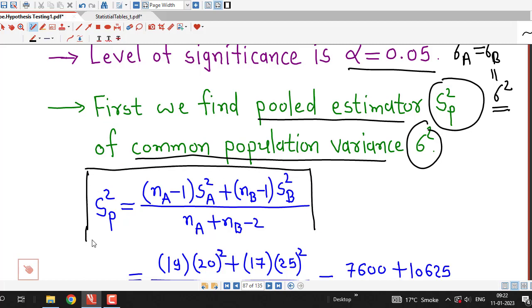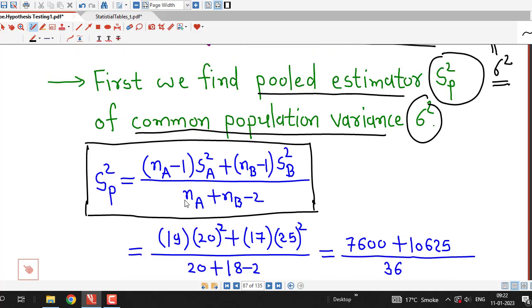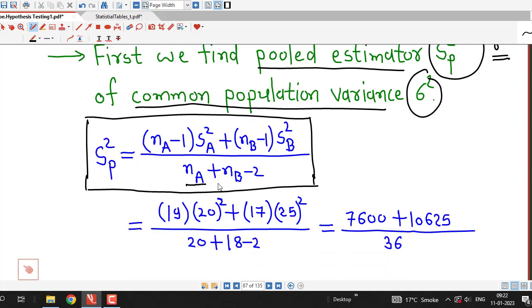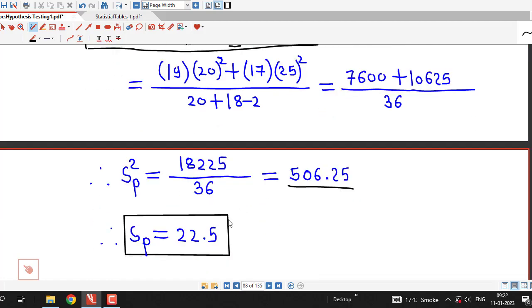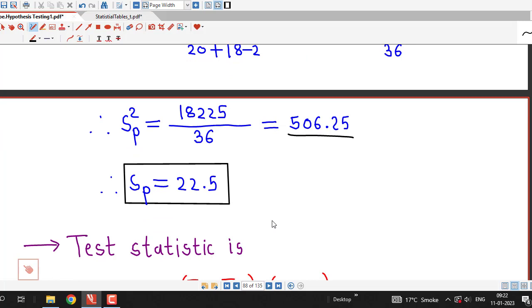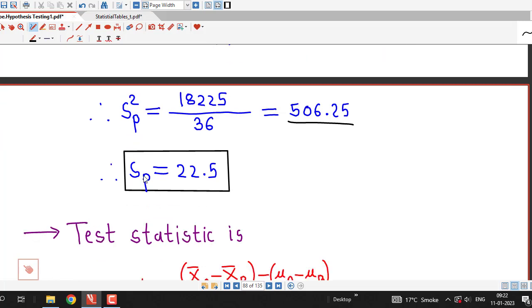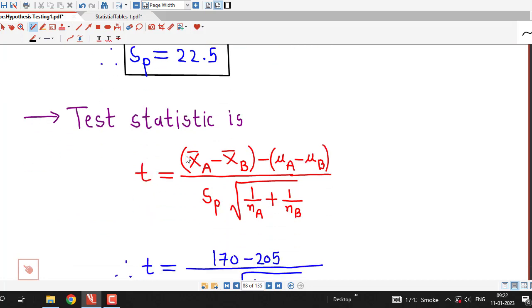Easy to remember, we have written it several times, and we substitute values of these quantities: sample size for salesman A, sample size for salesman B, and their sample variances, and we find that SP square is 506.25 and its positive square root is 22.5.